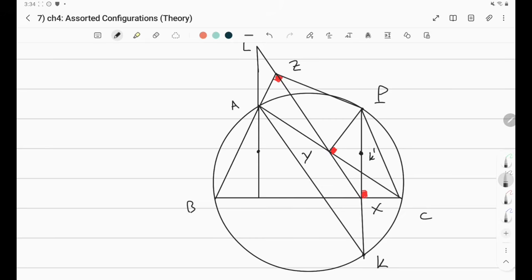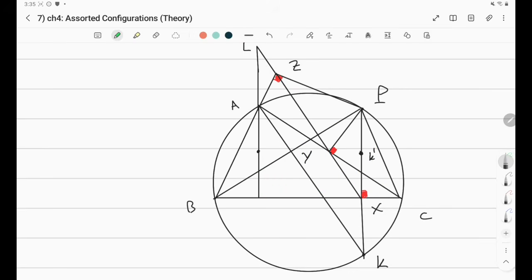It's just the reflection of K over the side BC. And now what we want to do is to prove that this point K prime is nothing but the orthocenter of the triangle BPC. So we just draw this one here. So you want to show that this K prime is the orthocenter of this triangle.